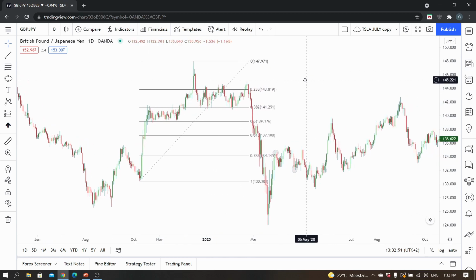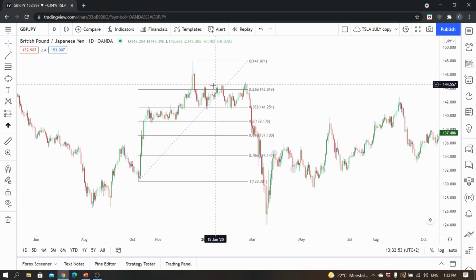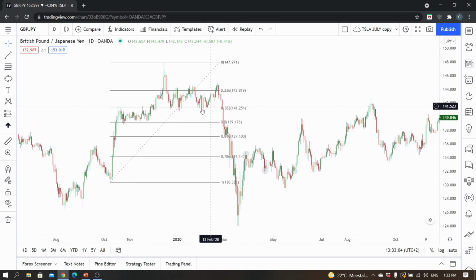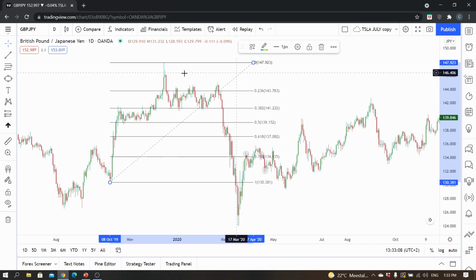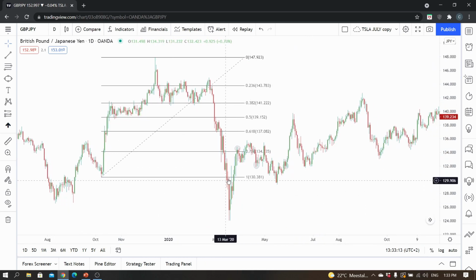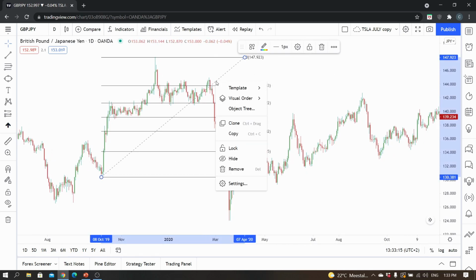Do like this, and then you can see that this level did not provide support, but the 382 did quite a lot of times. 1, 2, 3, 4, 5, 6 times you could have used it as a support, and then it breaks. And when it breaks this far, you can draw a new Fibonacci, as you saw me doing a minute ago. Then I will remove it.